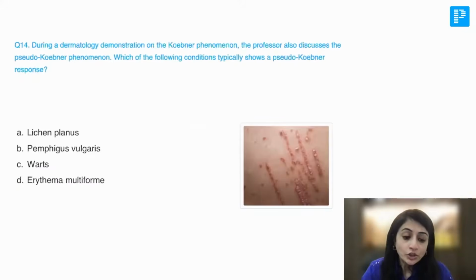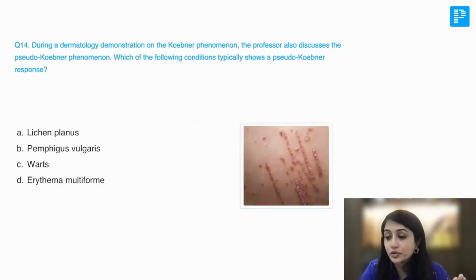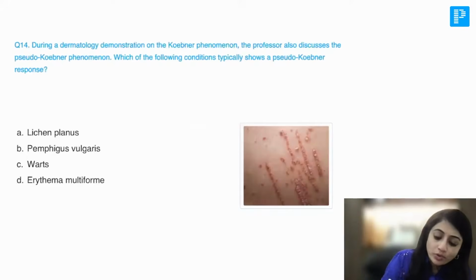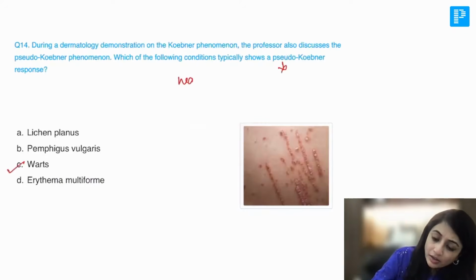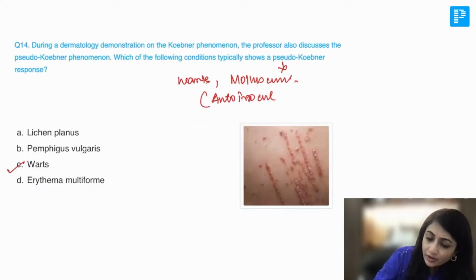Okay. During a dermatology demonstration on Koebner's phenomena, the professor also discusses pseudo-Koebner's. Which of the following condition typically shows a pseudo-Koebner response? So there is Koebner's phenomena and there is pseudo-Koebner's phenomena. Pseudo-Koebner's is seen with warts and molluscum because here it is happening because of auto-inoculation, right?